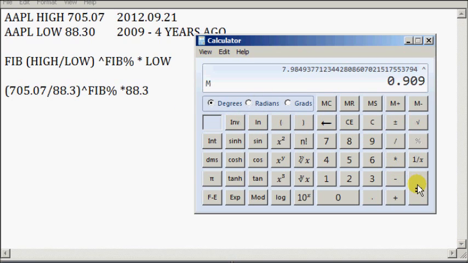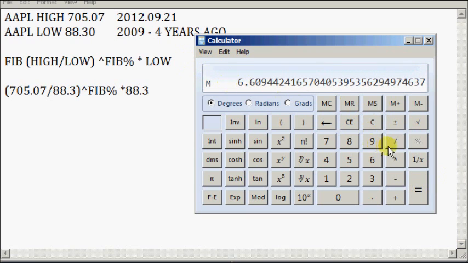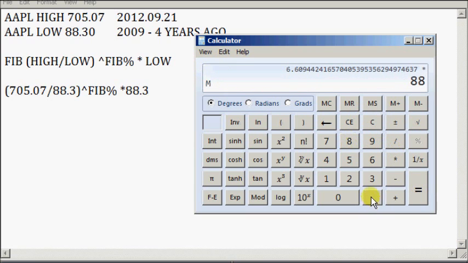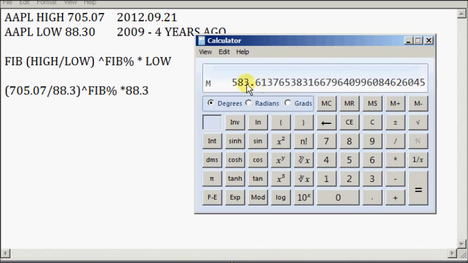With that being said, we do this number here and multiply it by 88.3, which gives us an area of 583.6. If you look at the charts, you will notice that area was really no support whatsoever. So you're expecting a move to the next level.